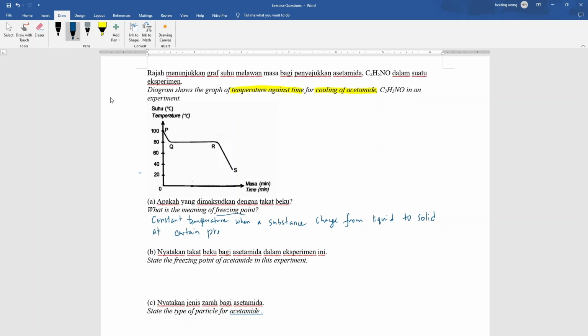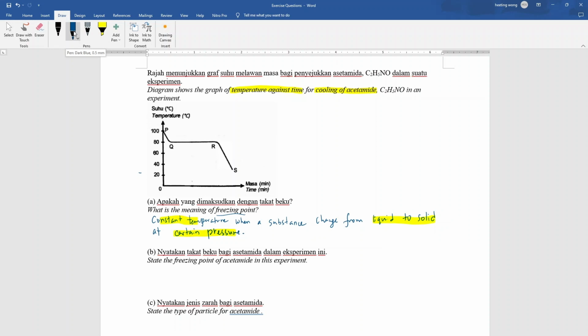So you have to define it according to this definition. You cannot shorten it anymore. So it is a constant temperature when a substance changes from liquid to solid at a certain pressure. All these keywords must be included.